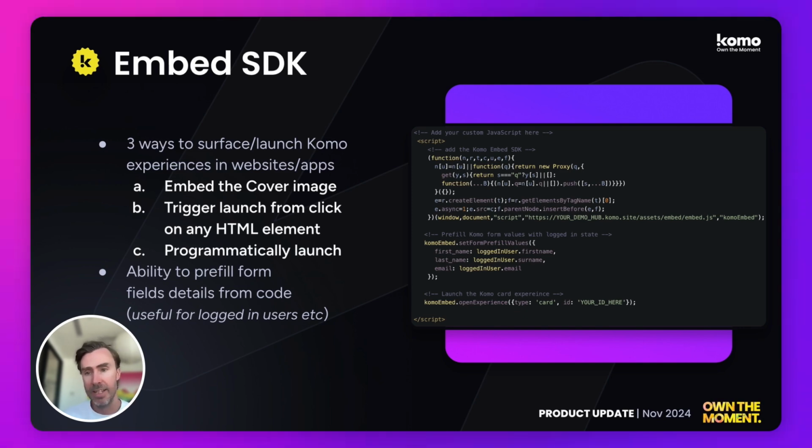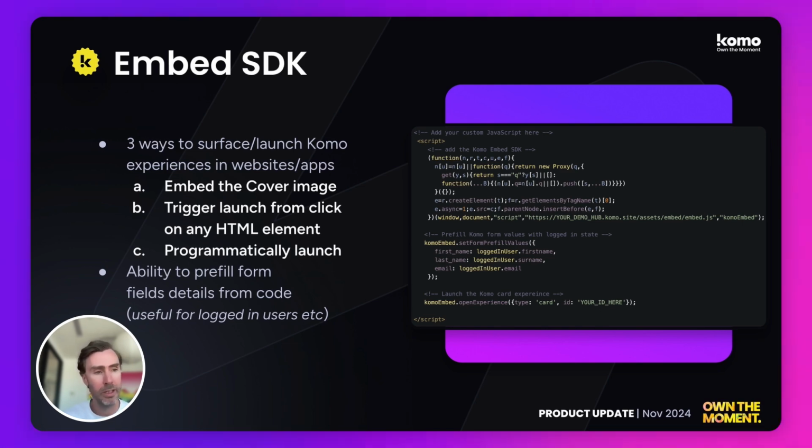So the first one, which we've always had, is being able to embed the cover image of a card. You can now bind a Komo experience to a click on any HTML element in your website or app. And last and certainly not least, we now allow you to programmatically launch the experiences in code.